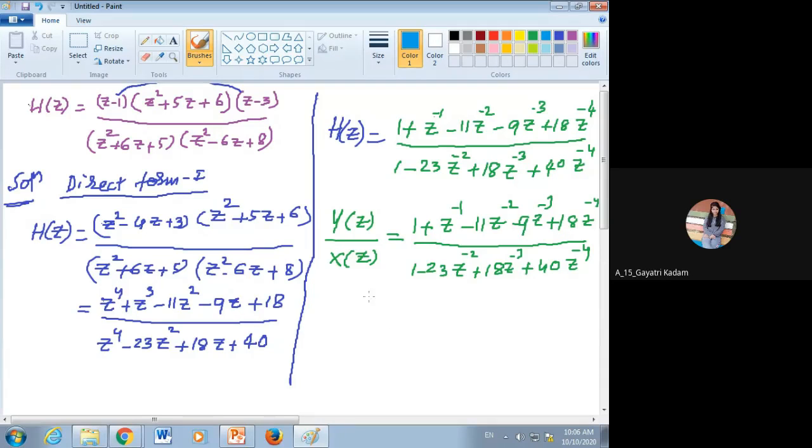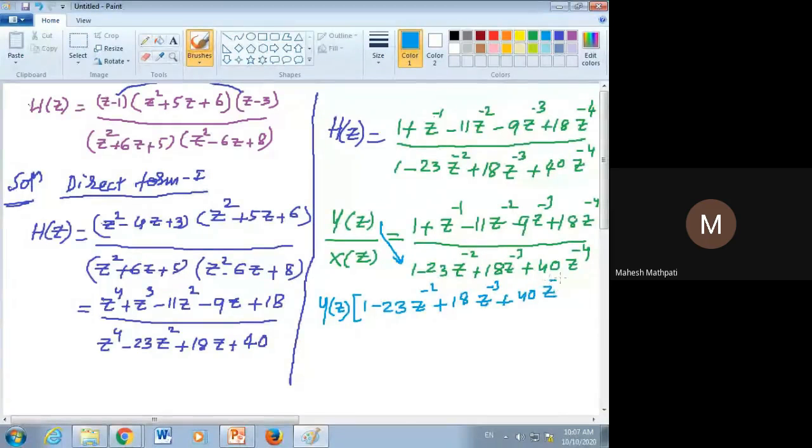Now just take the cross multiplication. If you take cross multiplication, what will you write here? Y of z is multiplied with the denominator term: 1 minus 23 z power -2 plus 18 z power -3 plus 40 z power -4, equals.